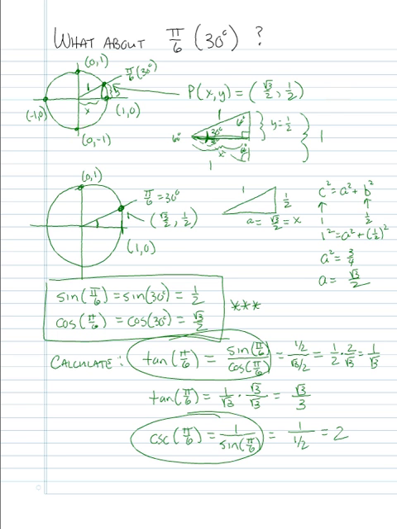We have information about the 3 special angles: pi over 6, pi over 4, and pi over 3, which are 30 degrees, 45 degrees, and 60 degrees. But remember, I said there were a couple of other special angles, particularly 0 radians or 0 degrees, and also pi over 2 radians, which is the same as 90 degrees. So let's consider those on the next page, and then we'll try to put some pieces together.